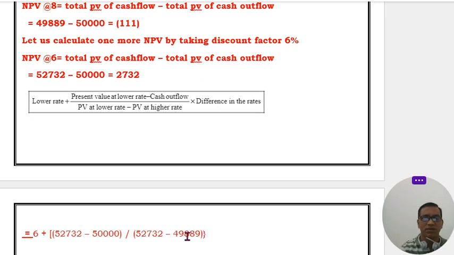Then multiply with the difference in the two rates of return. The difference between 6 and 8 is 2%.